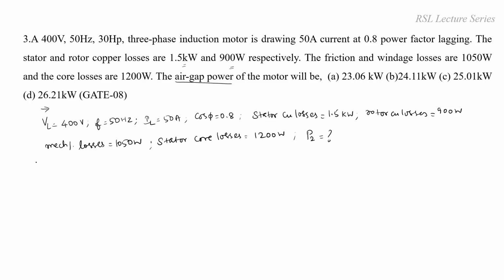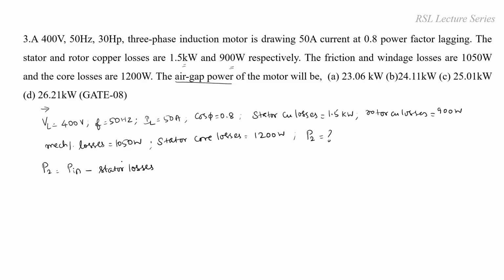So now we have to find out the air gap power, which is nothing but the rotor input power. The input power to the rotor can be written as input power to the motor minus the stator losses. The stator losses include both the stator copper loss as well as the stator core loss.